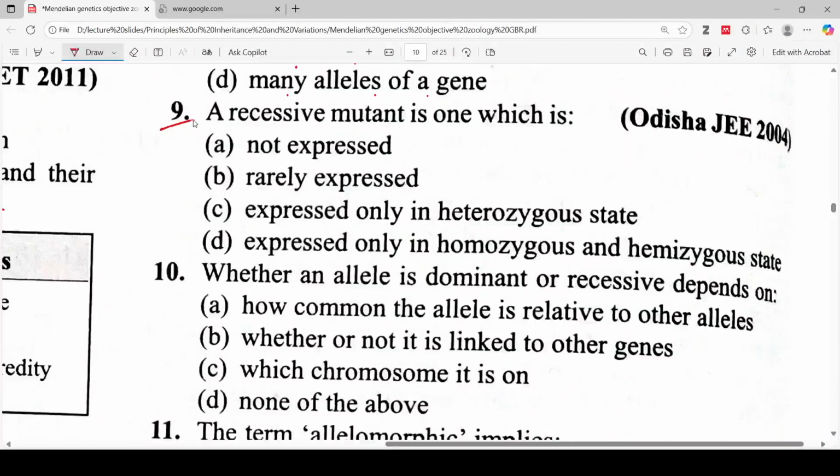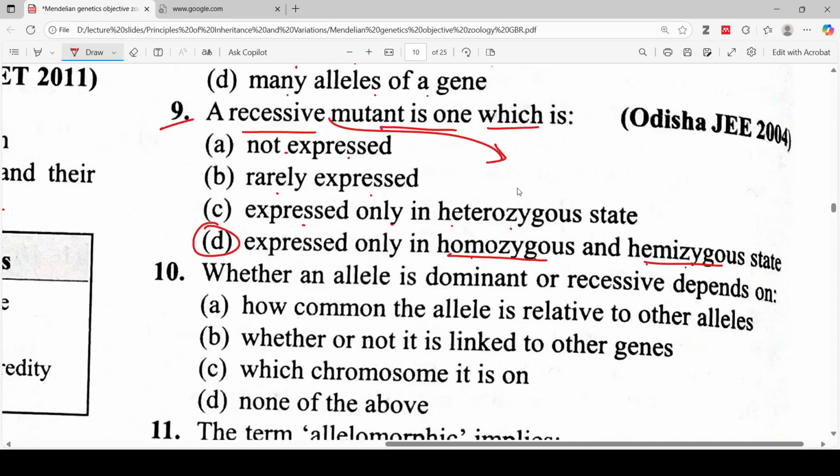A recessive mutant is one which is not expressed, rarely expressed, expressed only in heterozygous state, or expressed only in homozygous and hemizygous state. So the correct answer will be option D. So a recessive mutation is always expressed in homozygous condition and hemizygous condition.